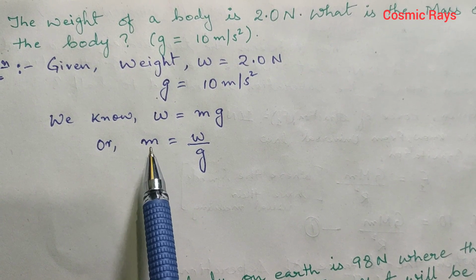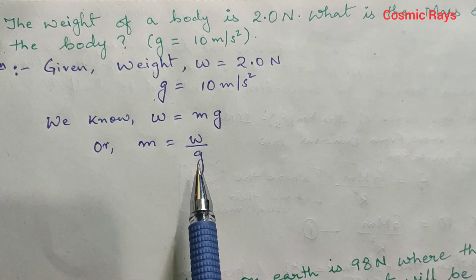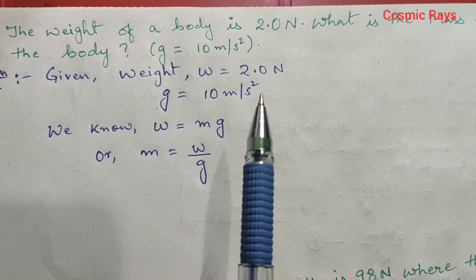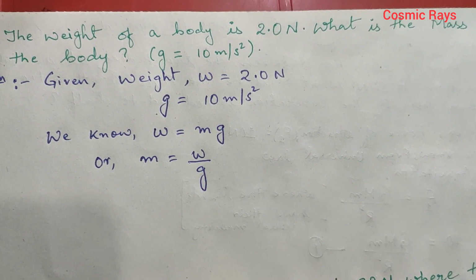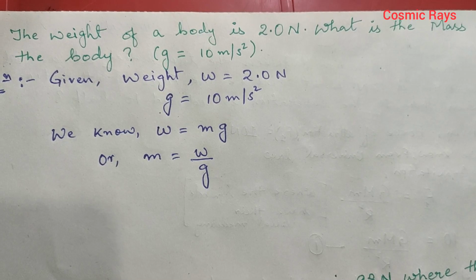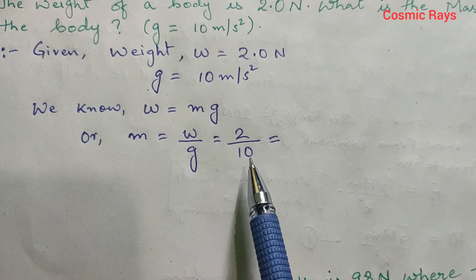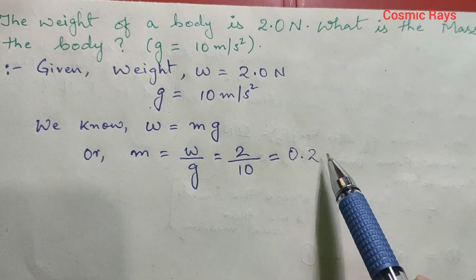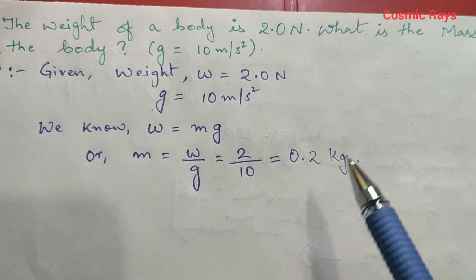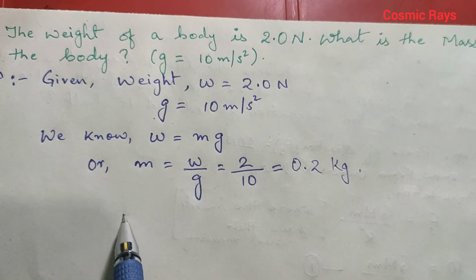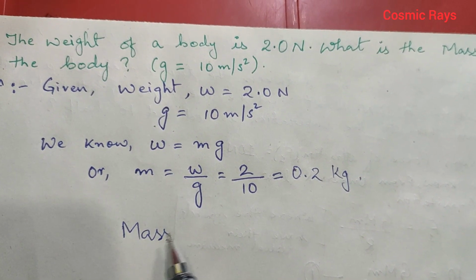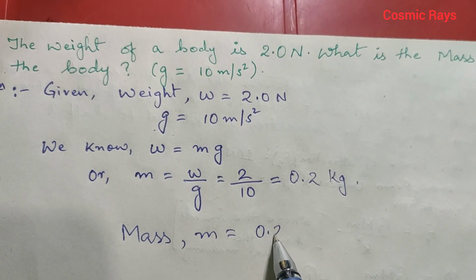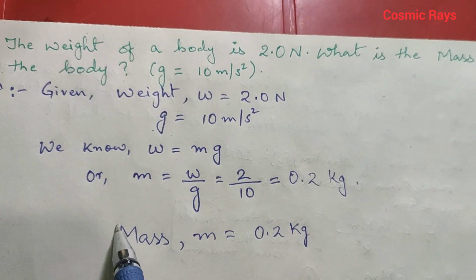From there we get that mass is equal to weight upon acceleration due to gravity. So weight is given as 2 Newton and acceleration due to gravity is 10 meter per second square. So we get it as 2 upon 10, which is nothing but 0.2 kg. So our answer is mass m is equal to 0.2 kg.